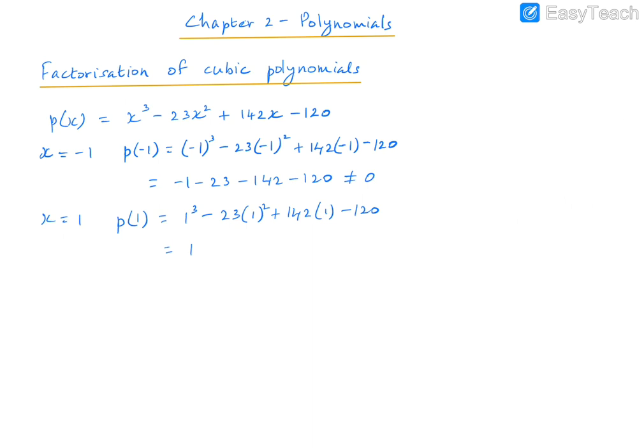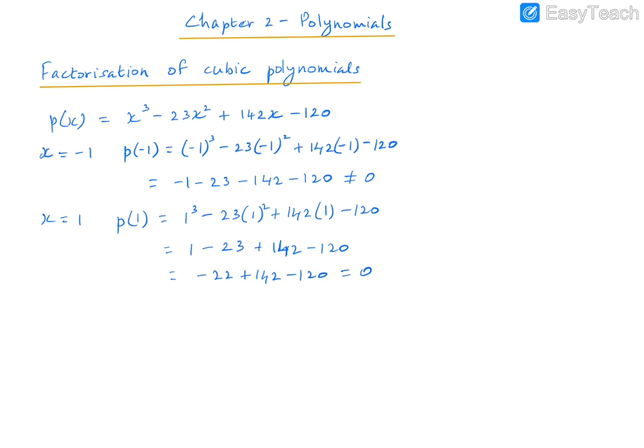So 1 cube is 1, minus 23 into 1 square is minus 23, 142 into plus 1 is plus 142, and we have minus 120. So 1 minus 23 is minus 22. That's minus 22 plus 142 minus 120. So 142 minus 22 is 120, minus 120. So this evaluates to 0.